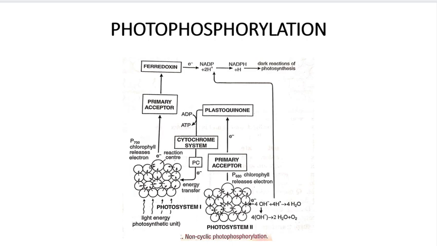Non-cyclic photophosphorylation needs a constant supply of water molecules to be oxidized and NADP to be reduced. As you can see here in photosystem 2, there is a continuous supply of water, which is the main necessity for water molecules to be oxidized and NADP to be reduced.